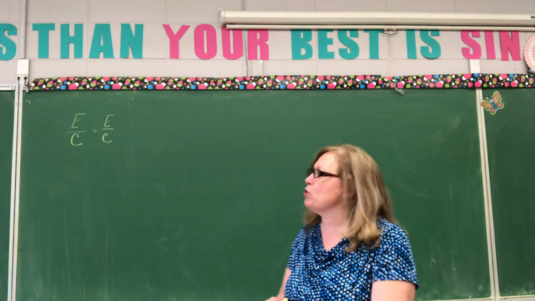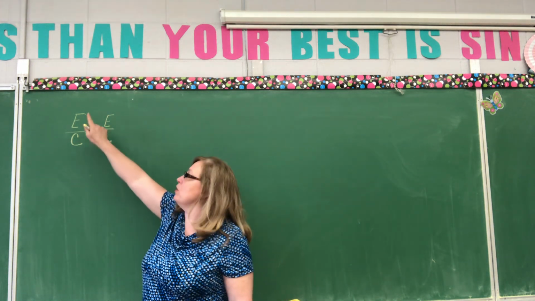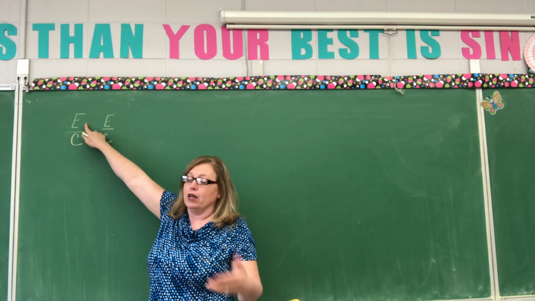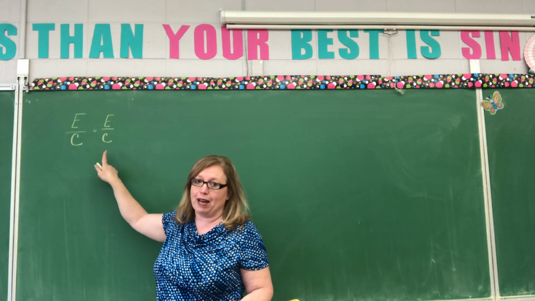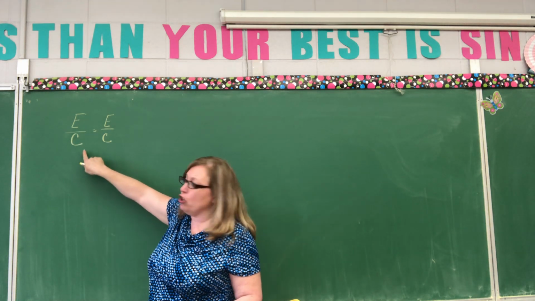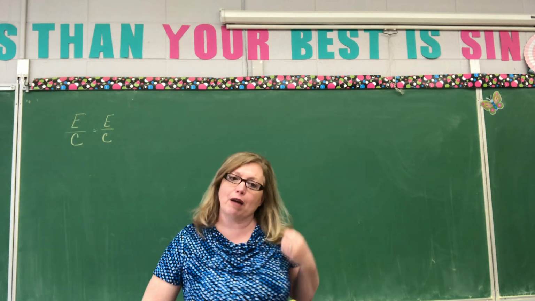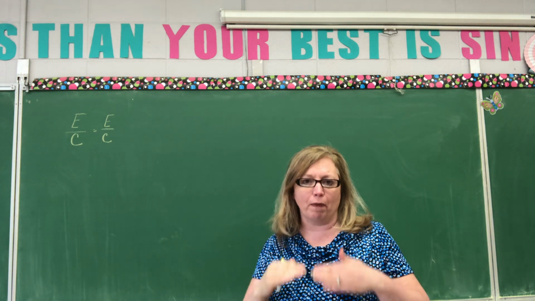Just like in our ratios before, we have to make sure whatever we put on the top, in other words, whatever it stands for, that ratio, it needs to be on the top in both ratios. The same thing as on the bottom. Here, I put eggs to cookies. So over here, I put eggs to cookies, meaning my numbers for the eggs have to go on the top. My numbers for cookies have to go on the bottom.